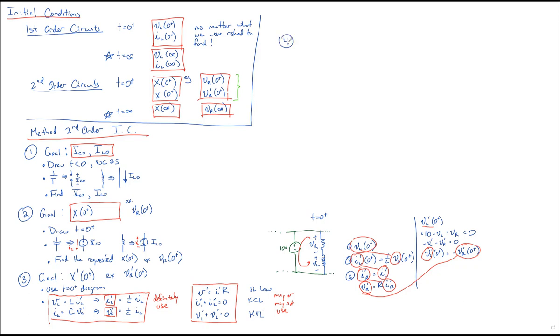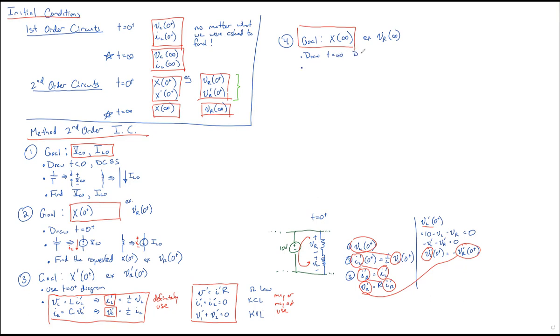The last step is to find not the initial conditions, but the final conditions. And so for that, the goal is to find X at infinity. Continuing on with our example, there'd be V sub R at time equals infinity. And I'm not going to spend time doing that. It's the exact same thing as we did in first order equations. You draw the circuit at t equals infinity.